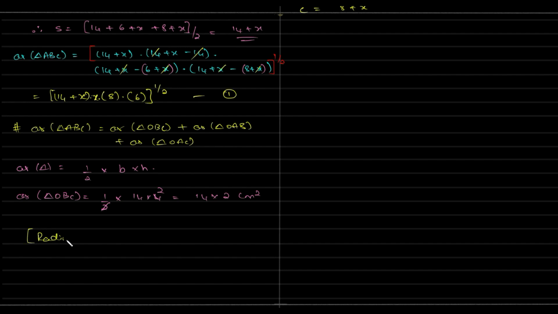So radius and tangent are perpendicular to each other. For that reason, we have this particular formula. Okay. Similarly, you have area of triangle OAB, it is equal to half into base is 8 plus x into height, it is 4.